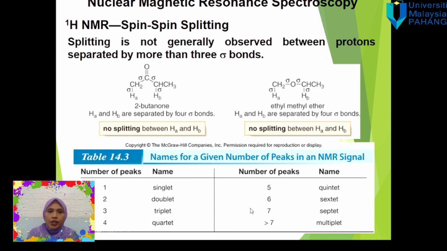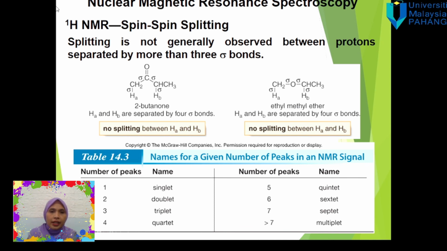Use the rule n+1. Okay, let's see this example. Let's say for this labeled HA, is there any proton on the neighboring carbon? Neighboring carbon only on the left and right side. More than that, it cannot contribute to the spin-spin splitting.